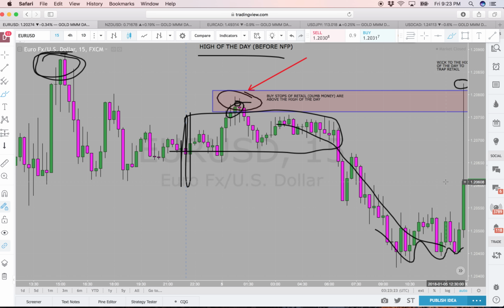Retail traders look at NFP like a day to make free money. A lot of retail traders, a lot of people in these network marketing schemes with these leaders, traders, whatever they want to call them, basically risk their entire account for NFP.